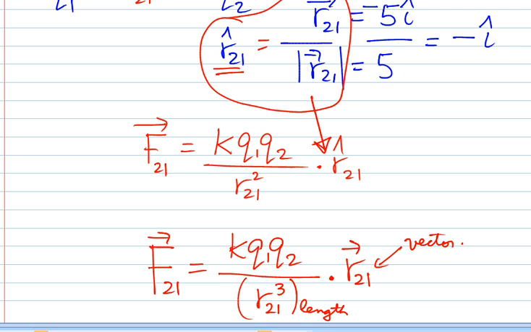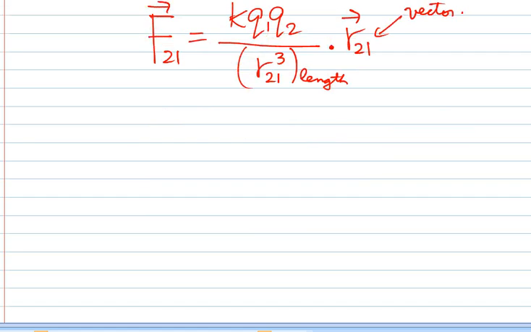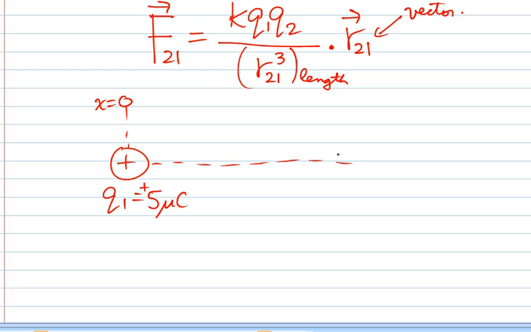Okay, let me give you a physical example. Here we go. q1 is a charge of 5 microcoulombs positive sitting at the origin. q2 is a charge of, let's make it positive to start with, 10 microcoulombs sitting at x equals 5 meters. We'll just stick with this.